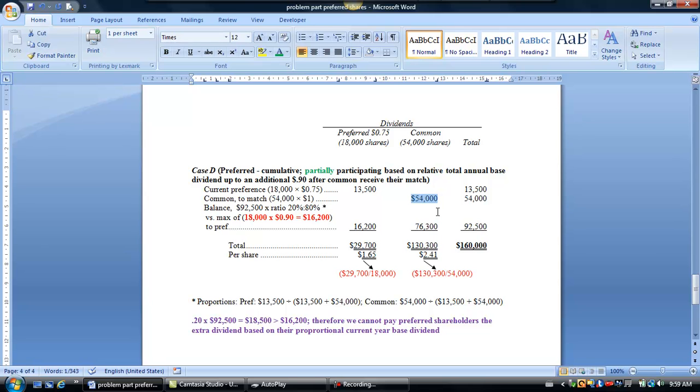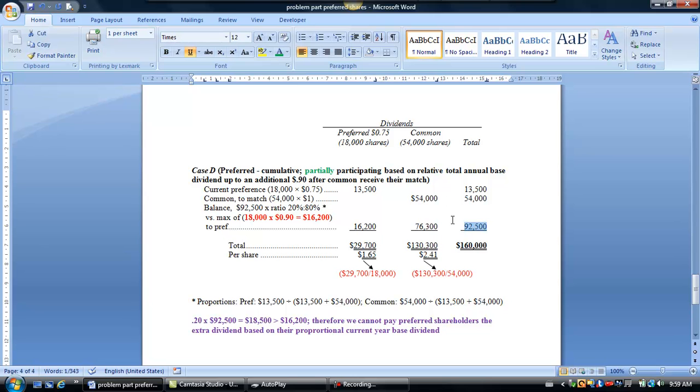Now, let's look at the participation. The amount that's available for participation and to common is 92,500, because that's what's left to shore us up to 160,000, which is the dollar value of the dividend that the company declared this year. We just have to figure out now how much of this 92,500 the preferred shareholders are getting because they have partial participation, and how much the common are getting.